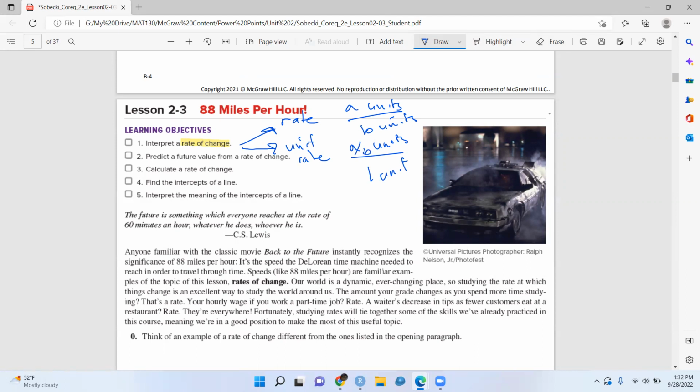So often we did A divided by B. If we had a rate and we wanted to convert it into a unit rate, we divided A by B and kept a 1 in the bottom with as many units from B. So keep that in mind. That's still super important for what's happening here.